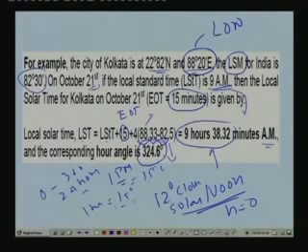Starting with 0 at noon, afternoon hours will be, say, 3 PM means 45 degrees, 4 PM means 60 degrees, like that. In the mornings, for example 9 AM means 3 hours before solar noon, so it is 360 minus 45, that is 315 degrees.